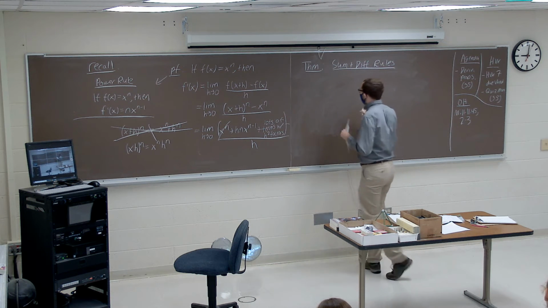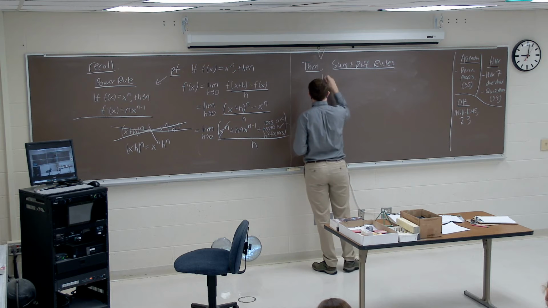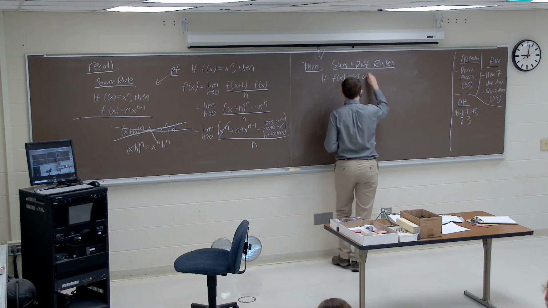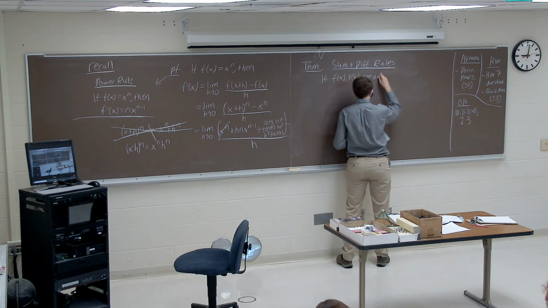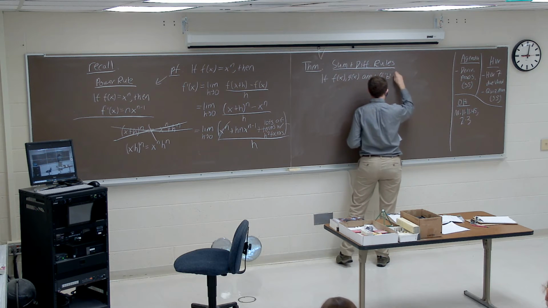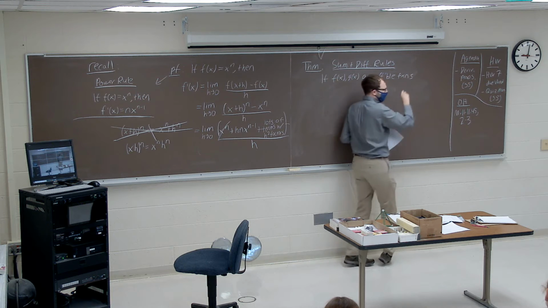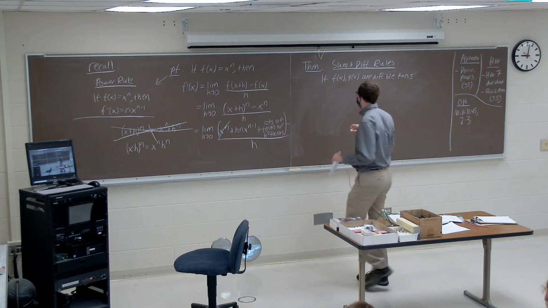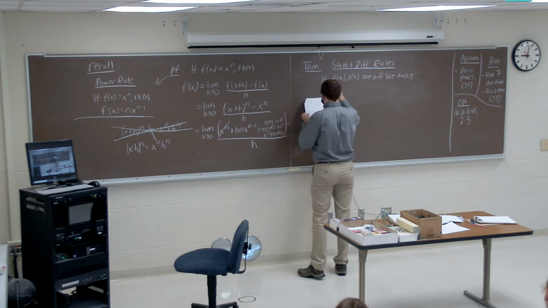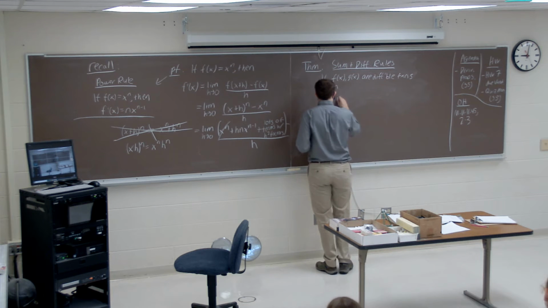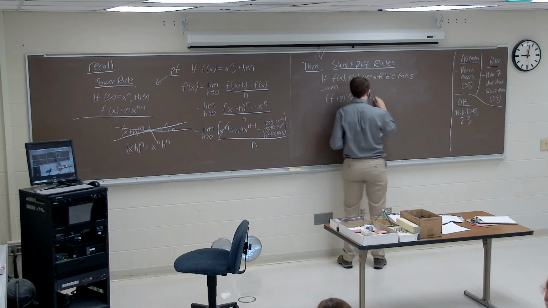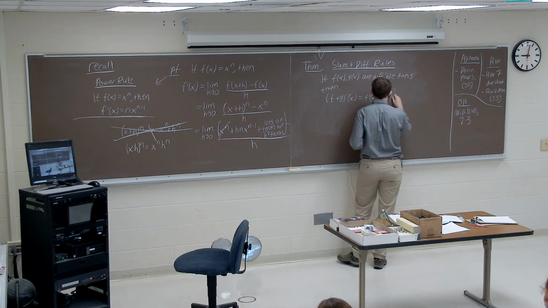And so the way this result works is we can say that if f of x and g of x are differentiable functions, differentiable just means functions that we can take the derivative of, then the derivative of f plus g is going to be f prime of x plus g prime of x.